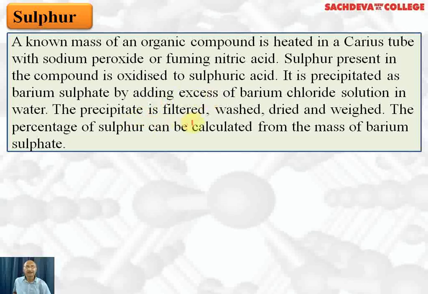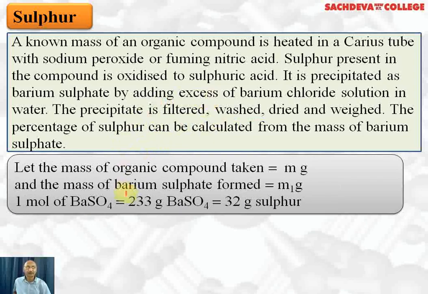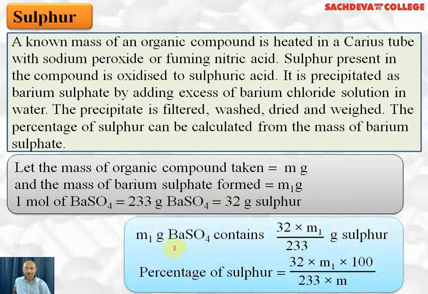The precipitate is filtered, washed, dried and weighed, and the percentage of sulfur can be calculated from the mass of barium sulfate formed. Let the mass of organic compound taken be m gram and the mass of barium sulfate formed be m1 gram. 1 mole of BaSO4, molecular weight 233 gram, contains 32 gram of sulfur. m1 gram of BaSO4 will contain 32 by 233 into m1 gram of sulfur.